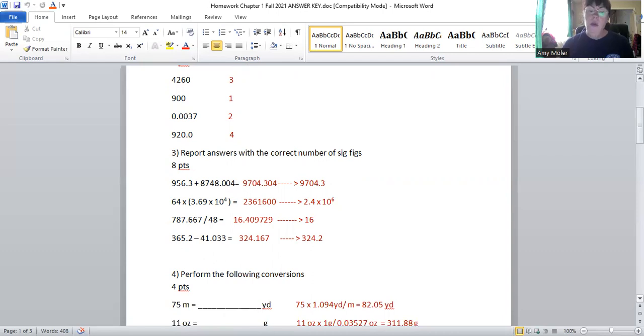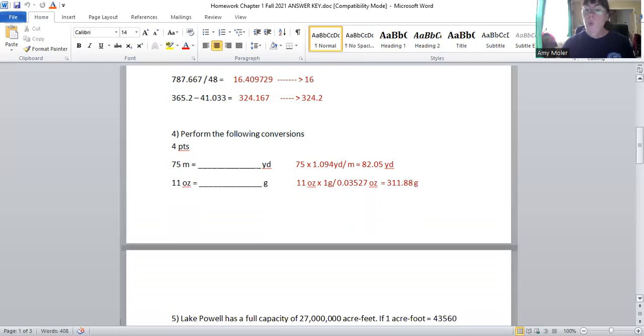The last one, 365.2 minus 41.033. Your calculator has 3 numbers after the decimal point. We've got 324.167, but I need to round it to a single decimal place of 324.2.